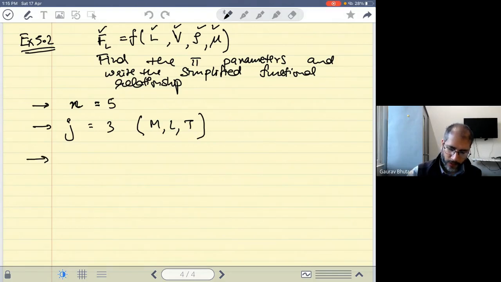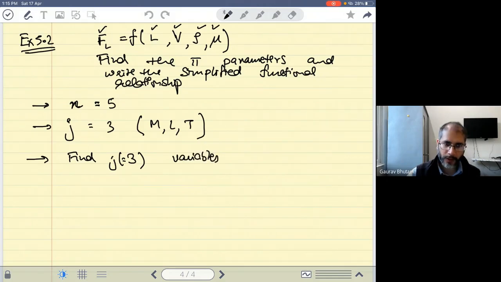So the next step is to find j, which is equal to 3 in this case, variables. Okay, this is something new, so pay attention. Find j variables out of these 5 variables that we have in the problem.